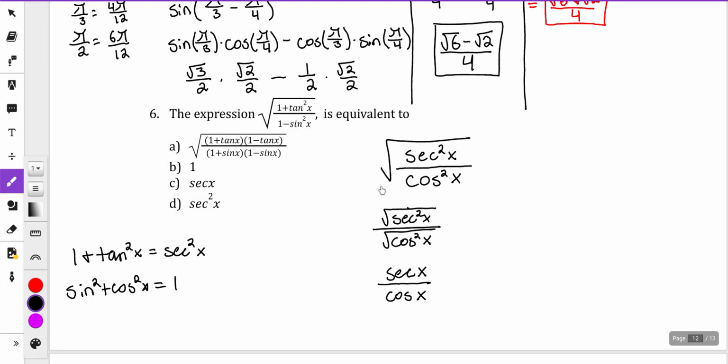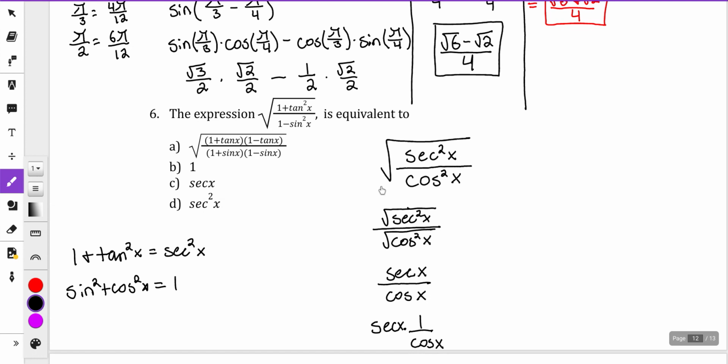I could separate these two things to look like this: secant x times 1 over cos x. And that's the same thing. If you think about it, I could put these two things together and it would become secant over cos, so I could separate them. The reason I would separate them is because I have a 1 over cos here, which is secant.